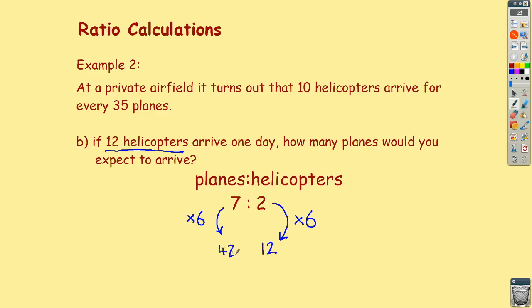It's just 42. Okay. We've scaled up that ratio. We need to show that we understand what we were being asked and what our final answer should be. We were asked how many planes would you expect to arrive? So your final answer should at a bare minimum be 42 planes. Okay, you could say 42 planes arrive. Say I would expect 42 planes to arrive, but that's the bare minimum I'd expect to see right there.